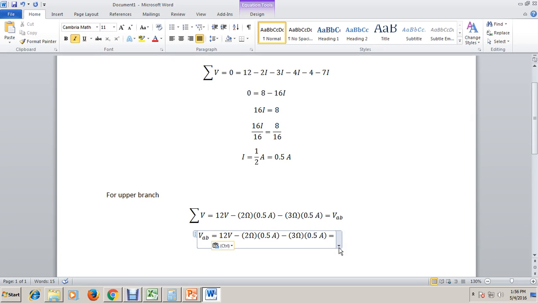Okay, so for V sub AB, this becomes, of course, 2 ohms times 0.5. This becomes 1 volt. Next is 3 times 0.5. This becomes 1.5 volts.